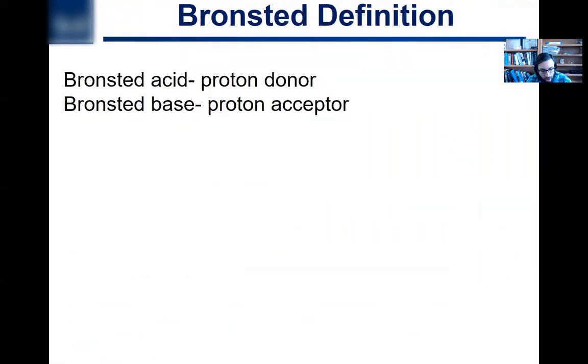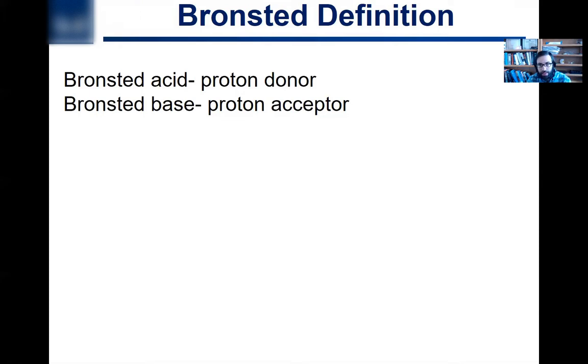One of the most basic definitions of what an acid and a base are is called the Bronsted definition. This definition is very proton-centric. A Bronsted acid is a proton donor. A Bronsted base is a proton acceptor. As we'll see later in this chapter, not all acids and bases have to have any protons in them.